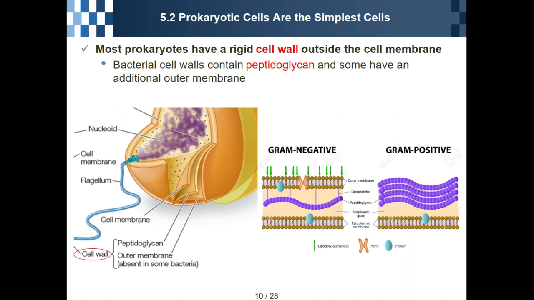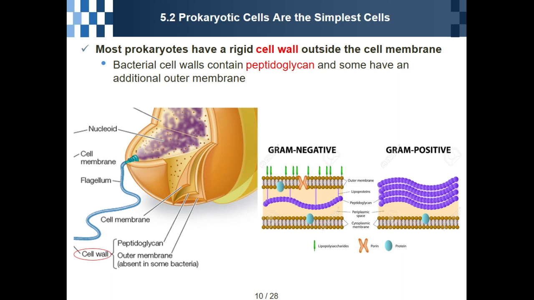The main difference between rigid and semi-rigid is that rigid means they are very strong, so the shape cannot be changed. For semi-rigid, they are a little bit flexible.